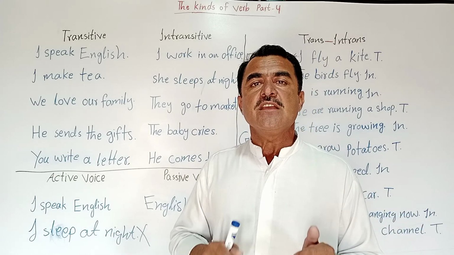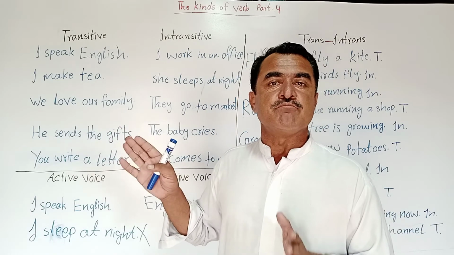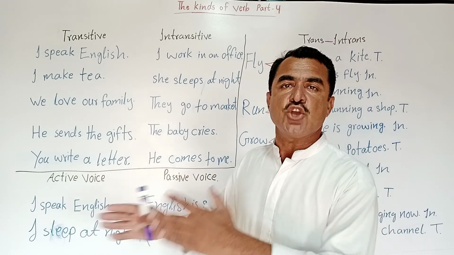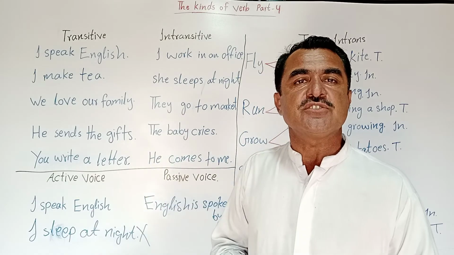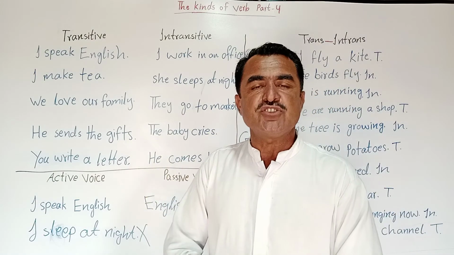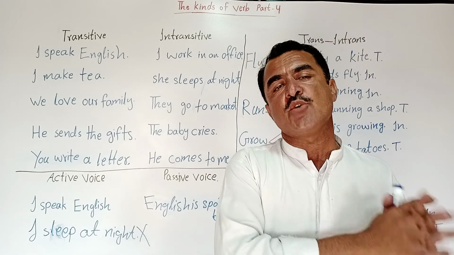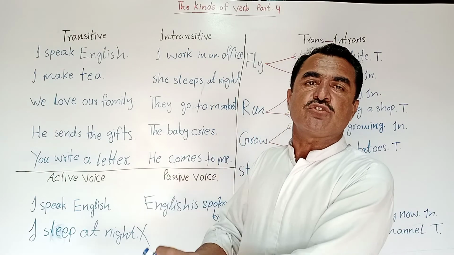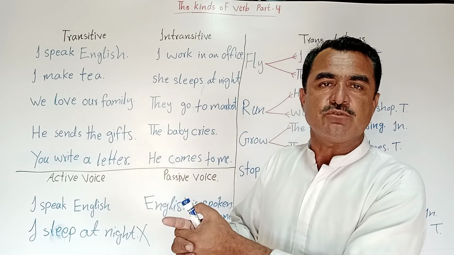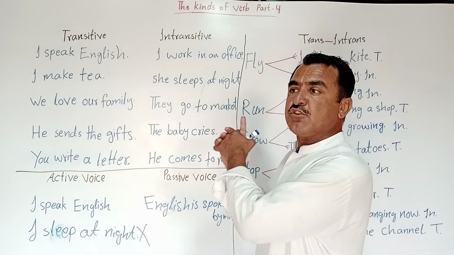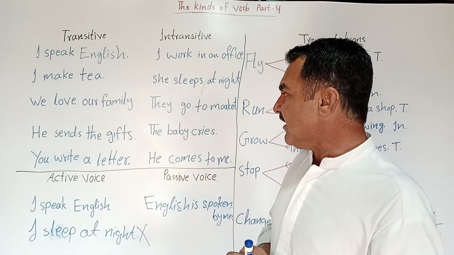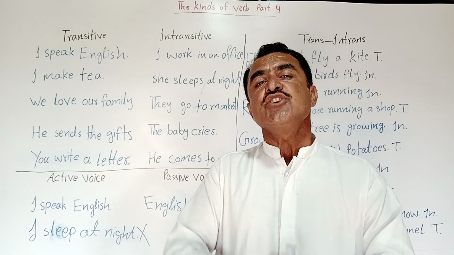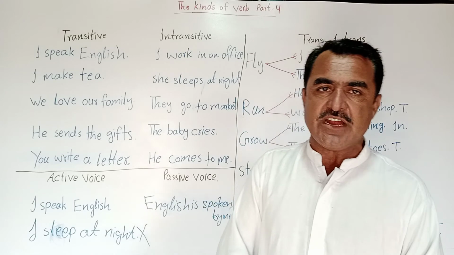Understand? Means transitive verbs mostly do not take prepositions to access the object, and intransitive verbs mostly take prepositions to access the object. So this is the difference. But as I said before, that object is not for the intransitive verbs. The object is for the preposition. So this was the second major sign to contrast between the transitive and intransitive verbs.